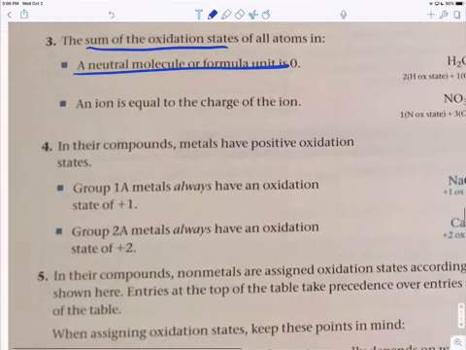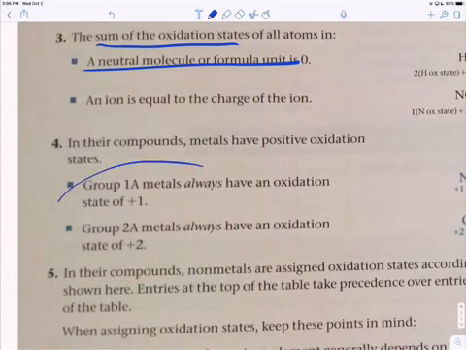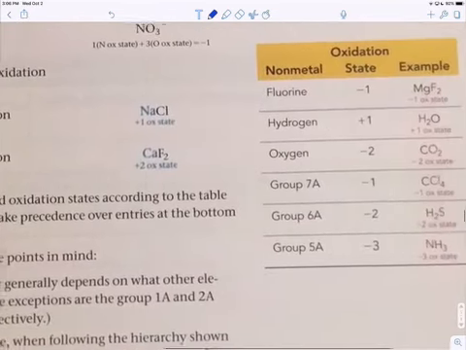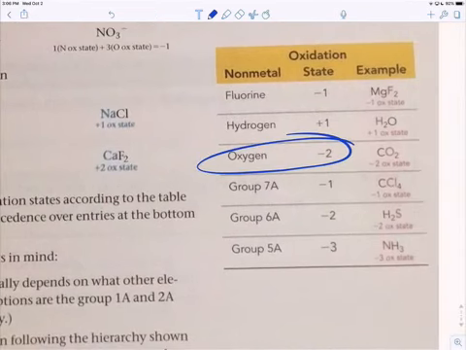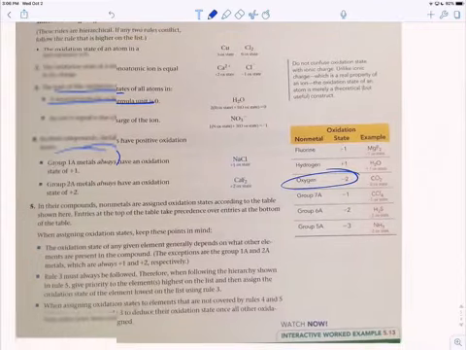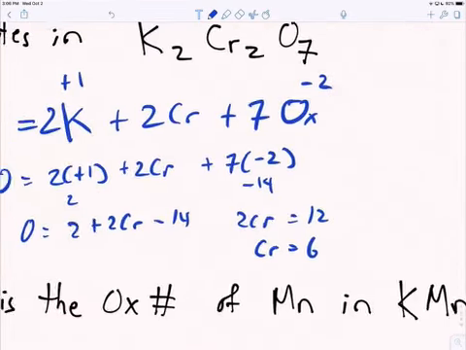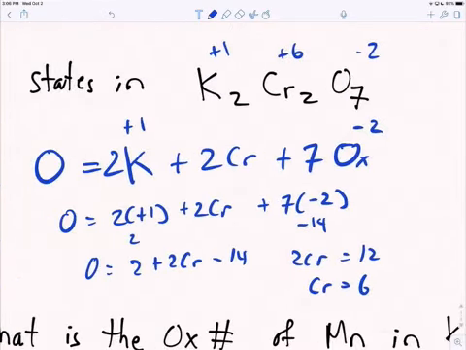And then we did this rule here because potassium is an alkali. And then we did this rule here for the oxygen being -2. That's the order that we went in. And chromium is not on here, so we had to solve for it by using this equation.